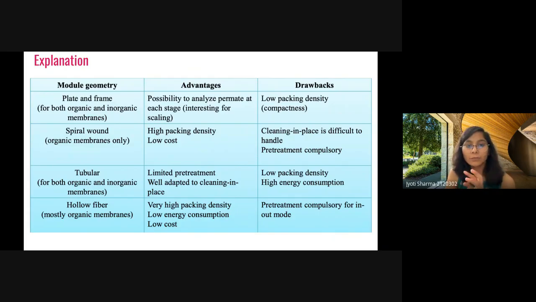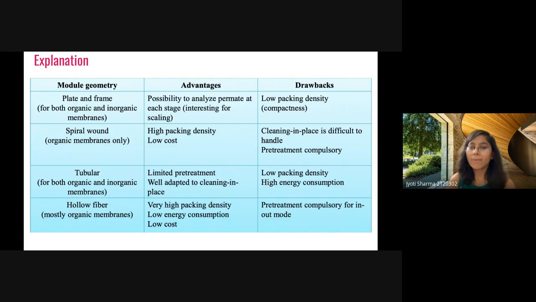For the spiral wound, we do have high packing density and low cost, but cleaning is very difficult, and pre-treatment is compulsory because cleaning in place is very difficult. For the tubular, the advantage is limited pre-treatment. We do not need pre-treatment and it is well adapted to cleaning in place.